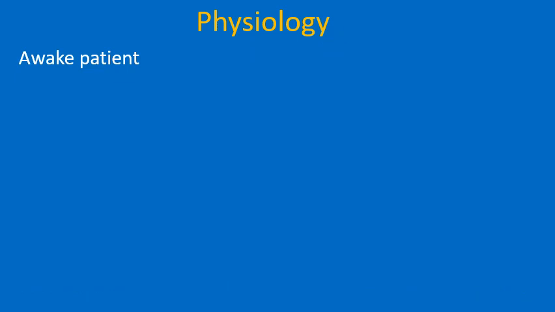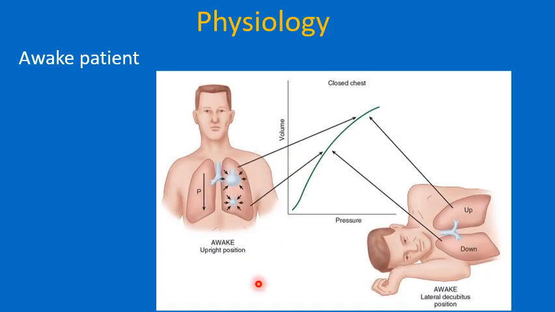Now coming to the physiology of how ventilation and perfusion go in an awake patient. In an awake patient in an upright position, at the apex of the lungs the alveoli are already distended, or already expanded, so they do not have much room to expand.